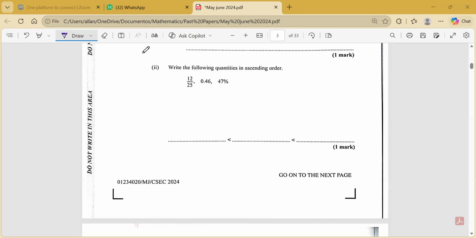This one you could send the answers in the chat, because this one is a little easier. You could send your answer in the Zoom chat.